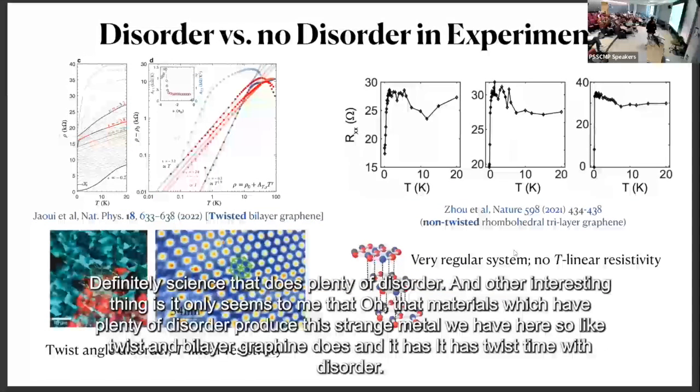Another interesting thing is that it only seems to be materials which have plenty of disorder that produce this strange metal behavior.